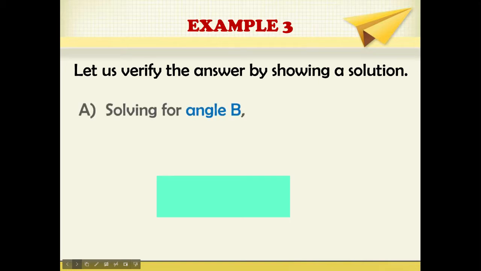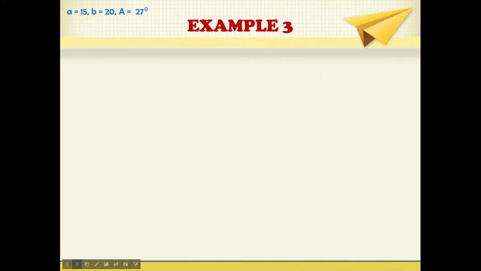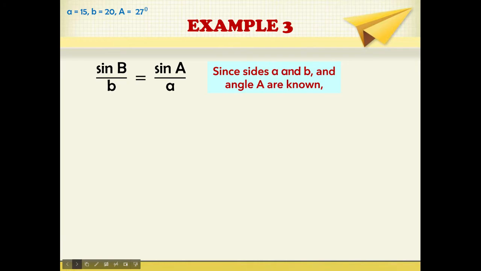So, let's first solve for angle B. Since sides a and b as well as angle A are known, we can use the formula sine B over b equals sine A over a. By substitution, we will have sine B over 20 equals sine 27 degrees over 15.